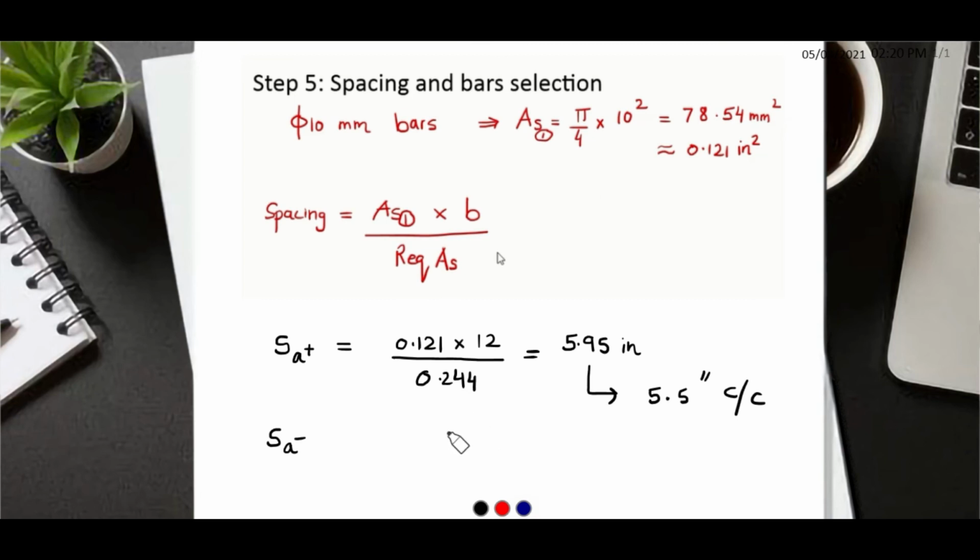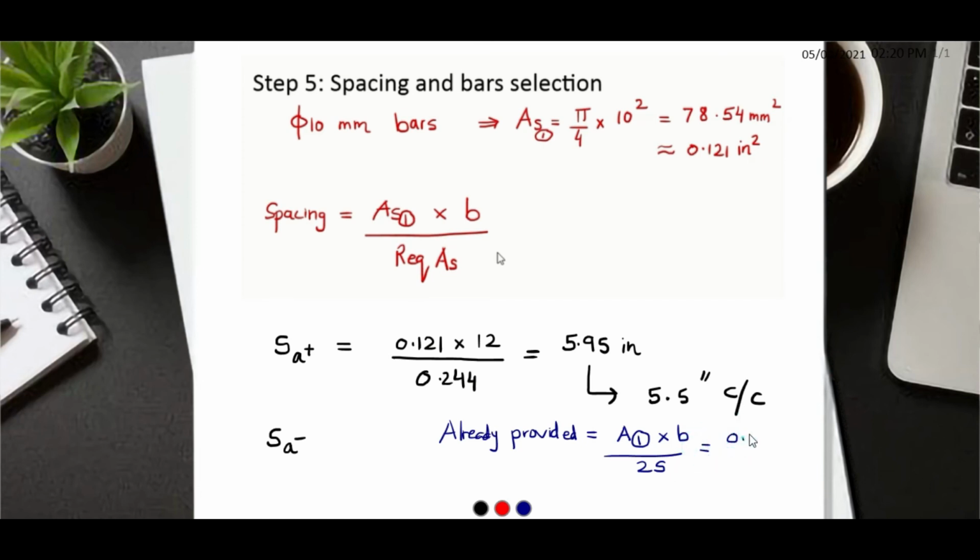So area of steel already provided is given by area of one bar times width divided by 2 times spacing, which we have already provided in that direction.